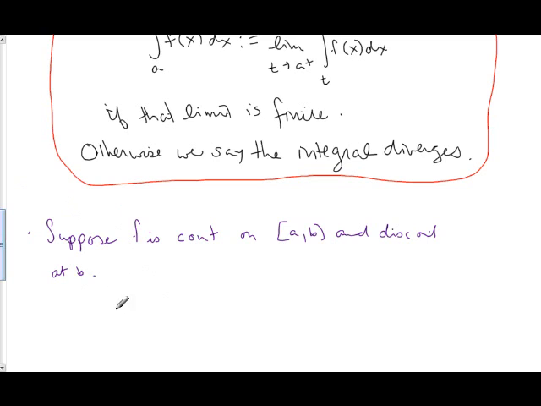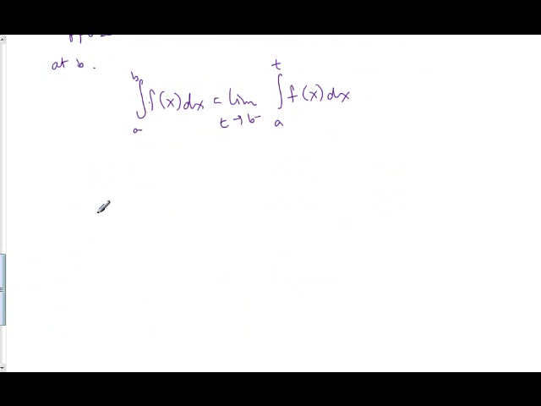We're going to define the integral from A to B of this little f as the limit as t goes to B from the left-hand side this time of the integral from A to t of f of x dx if that limit is finite. Otherwise, we say it diverges.